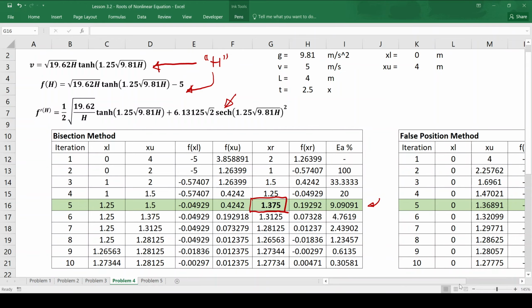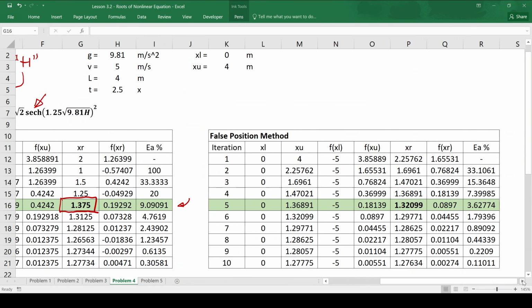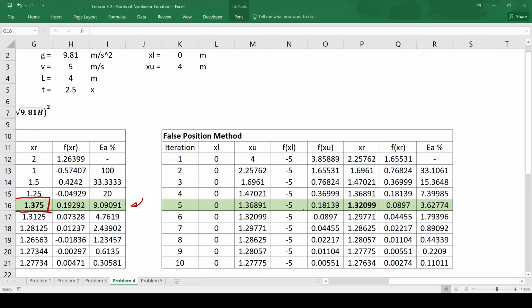And for the false position method, at the fifth iteration, we have a head at 1.32099 meters at an error of 3.62774. Again, this is the approximate relative error. If we look at the trend, there is no convergence yet. It was not stable yet. However, we can see that the percentage error is becoming smaller and smaller.